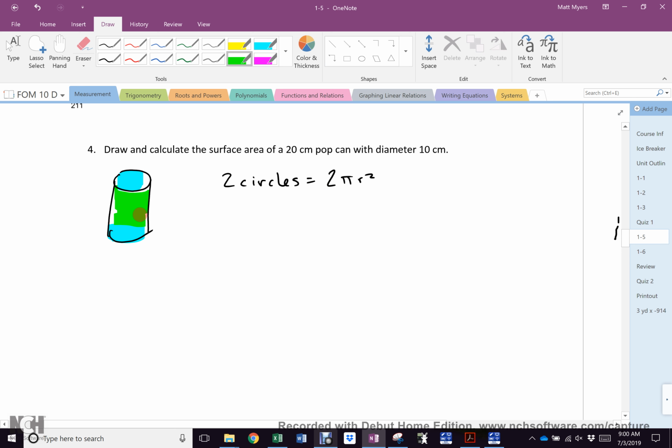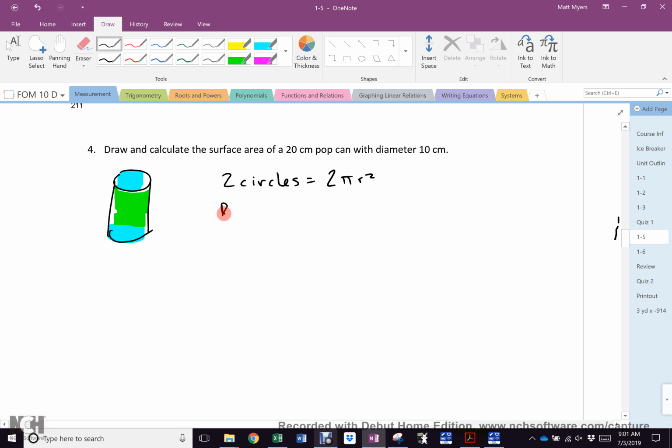Now, I already showed you this is a cylinder, yeah? So that's a rectangle, right? How do I find the area of a rectangle? Length times width, right? So this in the middle here must have a length and a width, right?